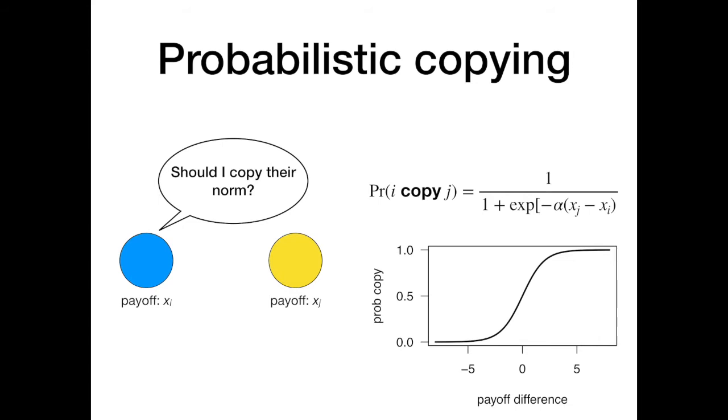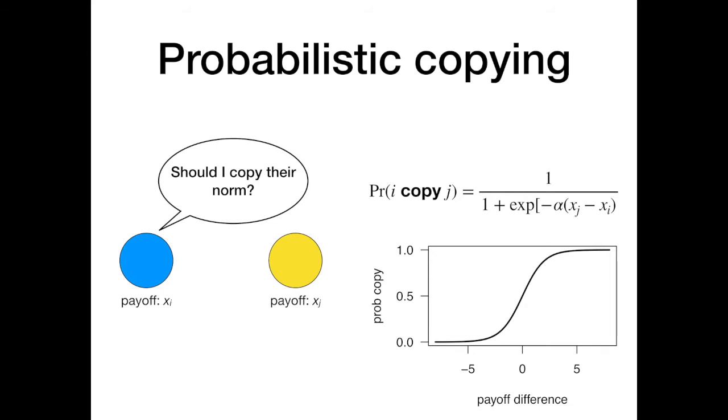and here is a plot of this where the payoff difference on the x-axis is just x sub j minus x sub i. So here, in this scenario, an agent i with payoff x sub i observes agent j, payoff x sub j, and considers their relative payoffs.